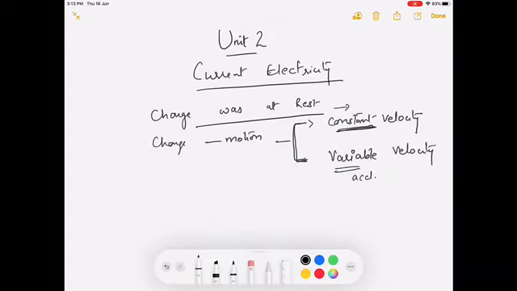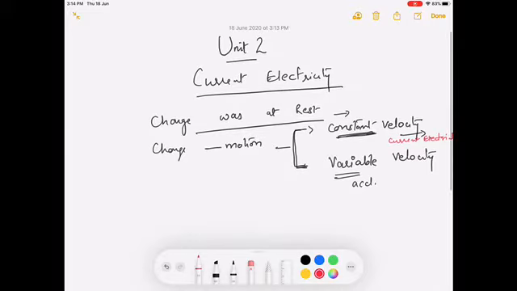Constant means there is no accelerated motion, and variable means it is accelerated motion. So here the concept we will study will be what? About current electricity. That we have to start today. And here we will study about electromagnetism. That is also in our course.